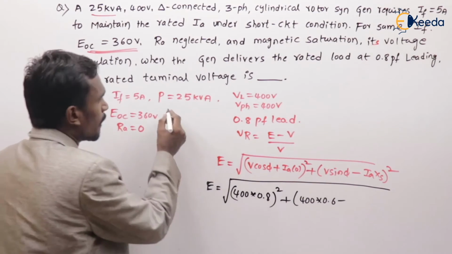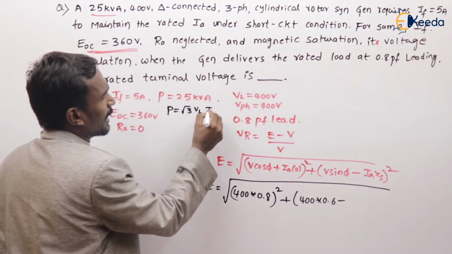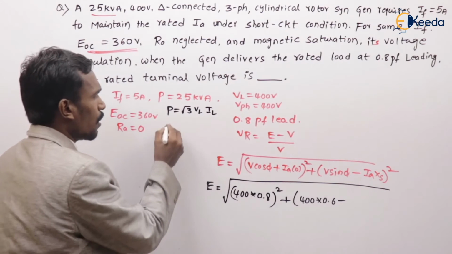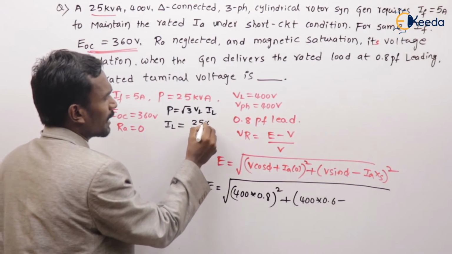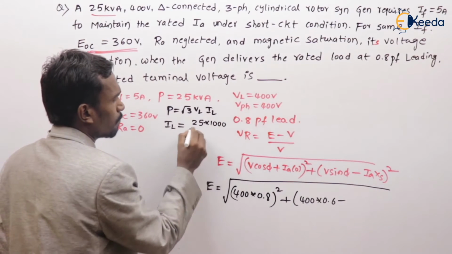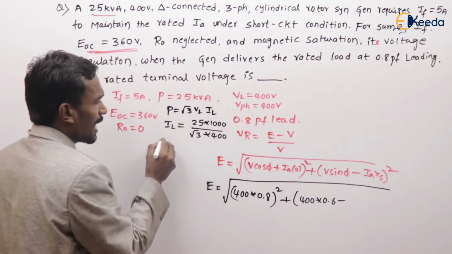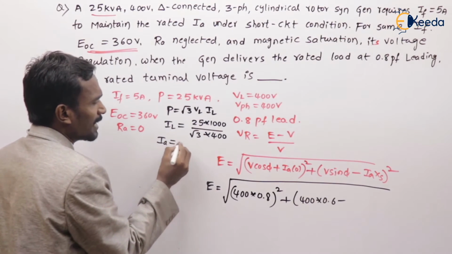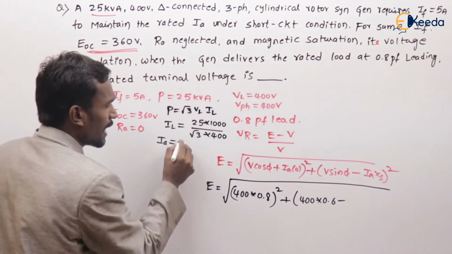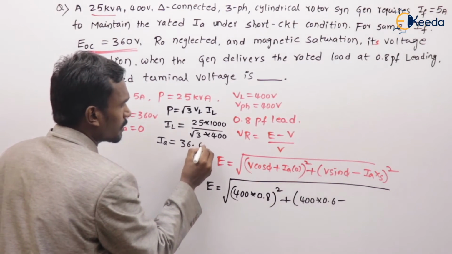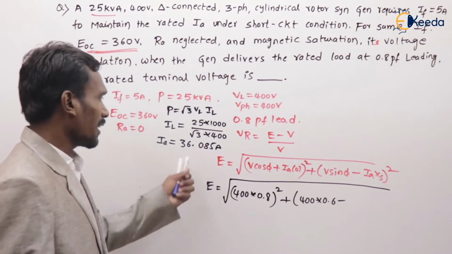How can we find it? P is equal to root 3 VL IL. So IL is equal to 25K by root 3 into 400. If you calculate this value, this IL, nothing but IA, is 36.085 amperes, around 36 amperes.